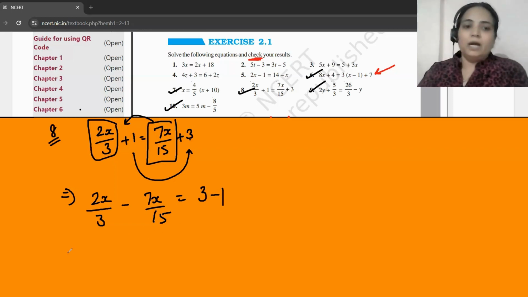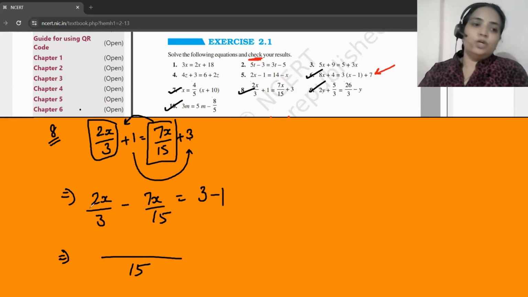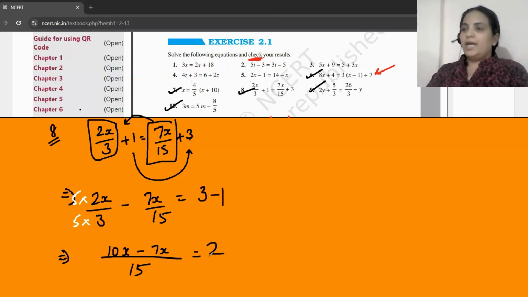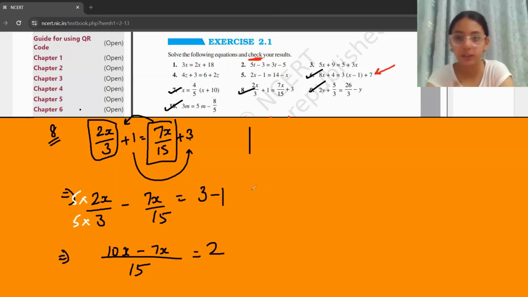Okay. Now, what to be done next? Take the LCM of 3 and 15, that is 15. Right? And then what do we do? To make this 15, you will multiply this by 5. Right or not? So it will be 10x minus and it will be 7x. Clear or not? 10x minus 7x equals to 3 minus 1 is 2. Has this turned simpler? Yes, ma'am.